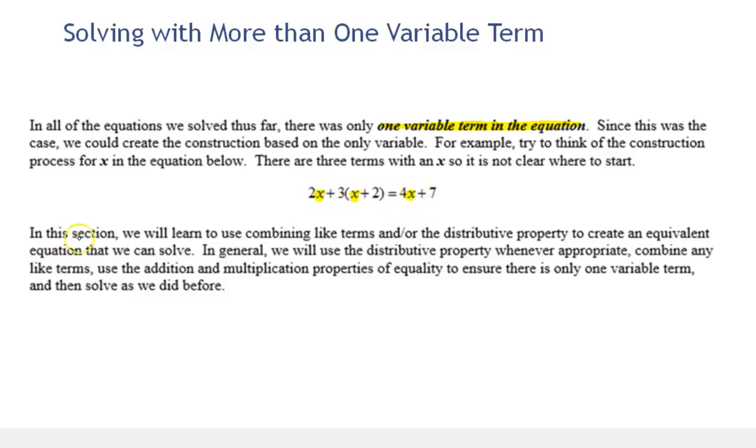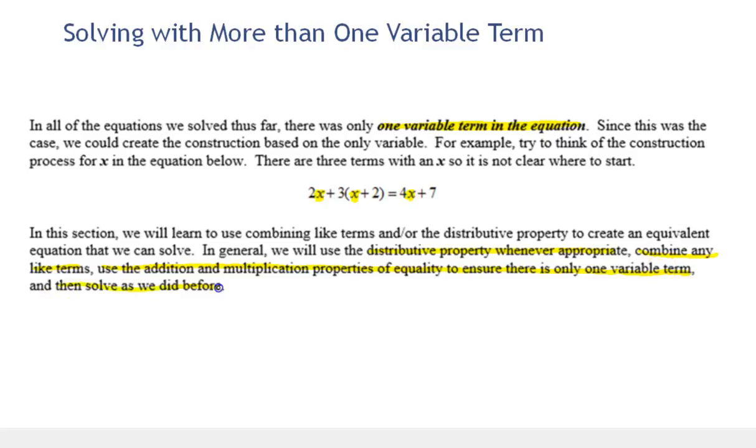Okay. So in this section, we will learn to use combining like terms and/or the distributive property to create an equivalent equation that we can solve. In general, we will use the distributive property whenever appropriate, combine any like terms, and then use the addition and multiplication properties of equality to ensure there's only one variable term.